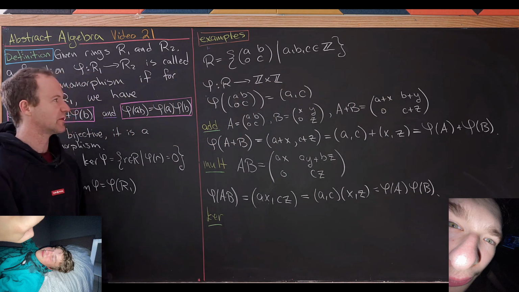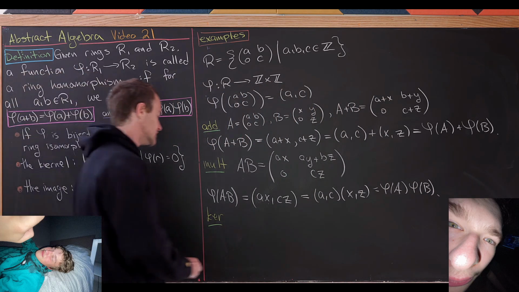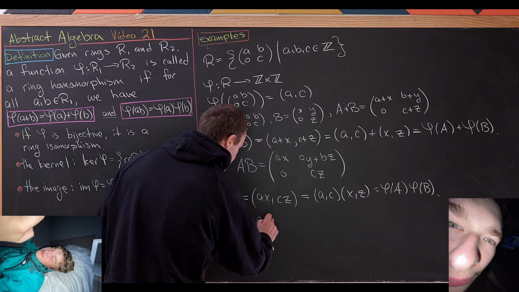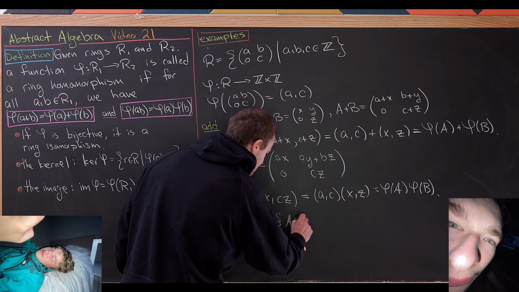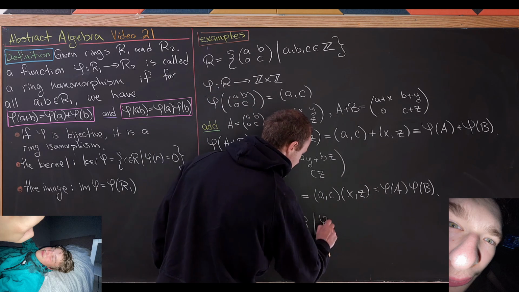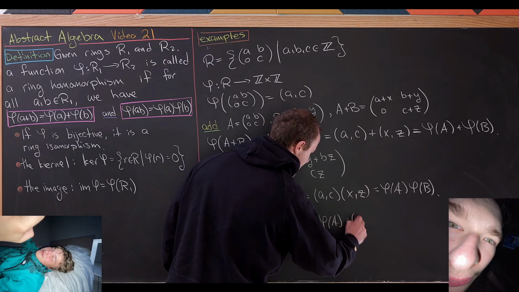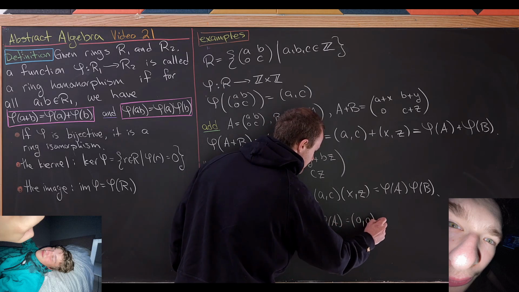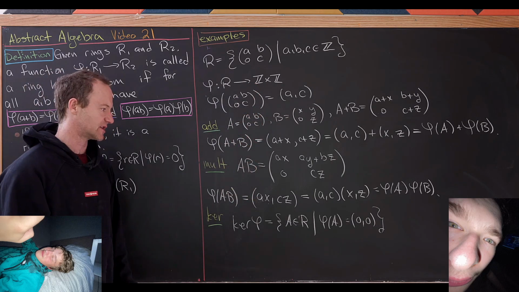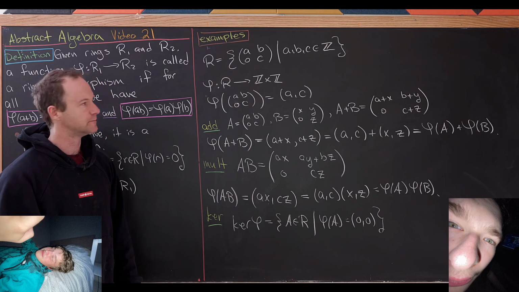And now let's determine what the kernel is. So notice the kernel by definition will be equal to all matrices, I'll call them capital A in R, such that phi of capital A equals (0, 0). That's taking the fact that our additive identity in Z cross Z is (0, 0).